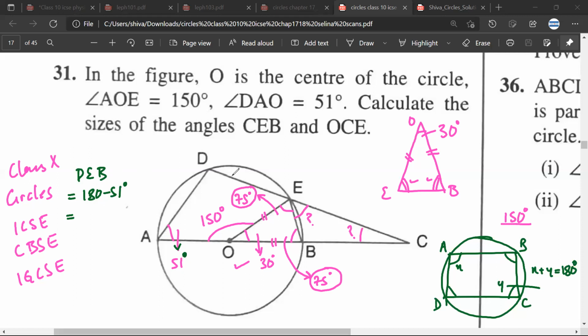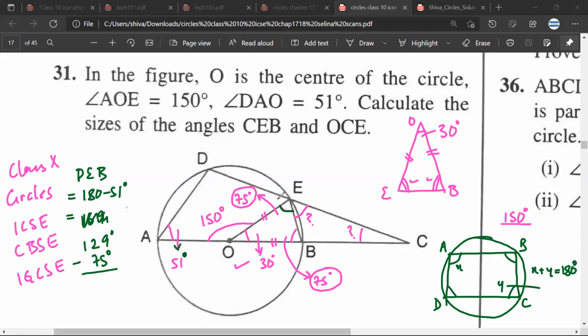So when we calculate, it will be 129 degrees. Out of 129 degrees, this 129 is the whole of angle DEB. But we already have this slice which is 75 degrees, so I'll have to subtract this. Do we agree? Yes, so the answer would be 54 degrees.